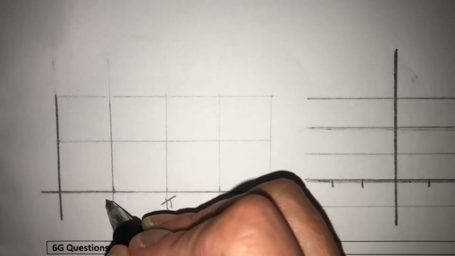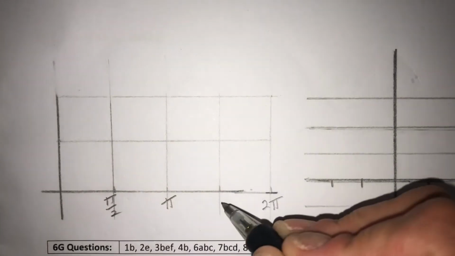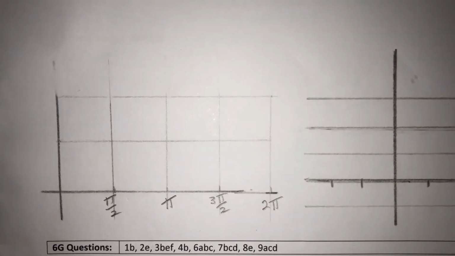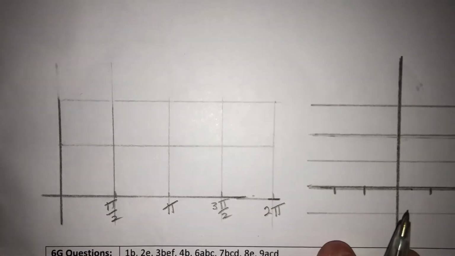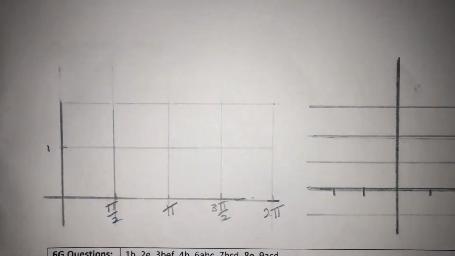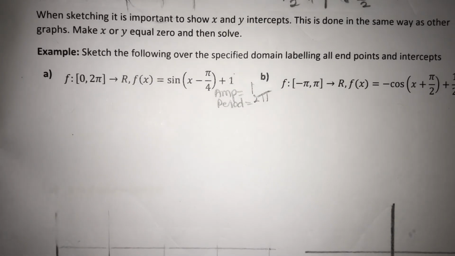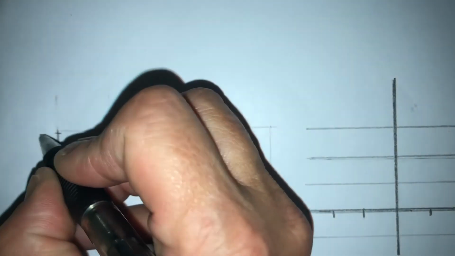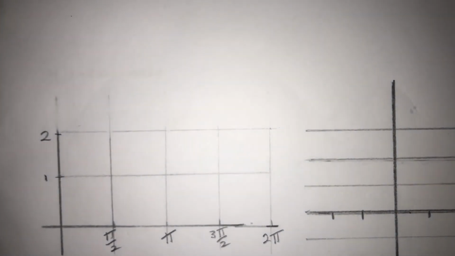Okay, and we'll go ahead and fill these into pi on 2 and 3 pi on 2. And our amplitude is 1, so I've put 1 there. But you can see from the question we're going to add 1 on the end, so that is why I've gone up 2 as well.